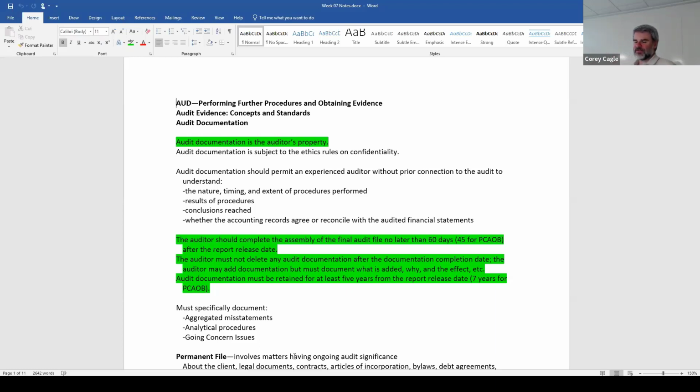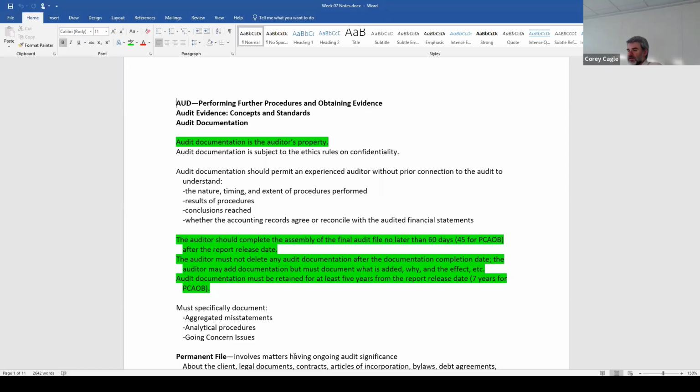And then the rest of this is just how many days they should take to put the final file together. So the rule is we should complete assembling the final audit work paper file no later than 60 days after the report release date. That differs for a PCAOB audit.